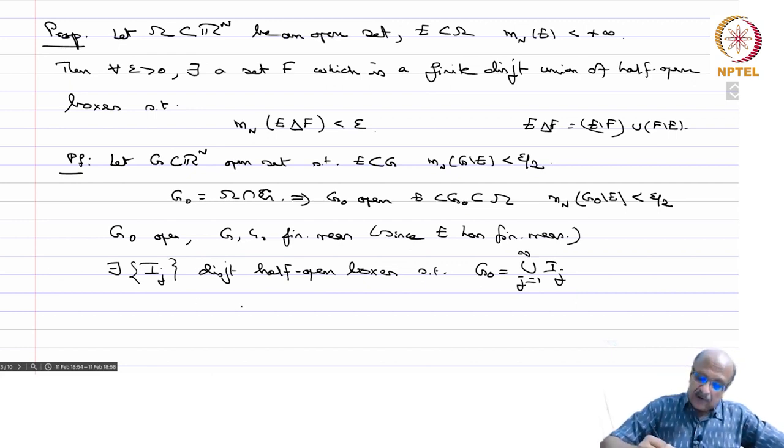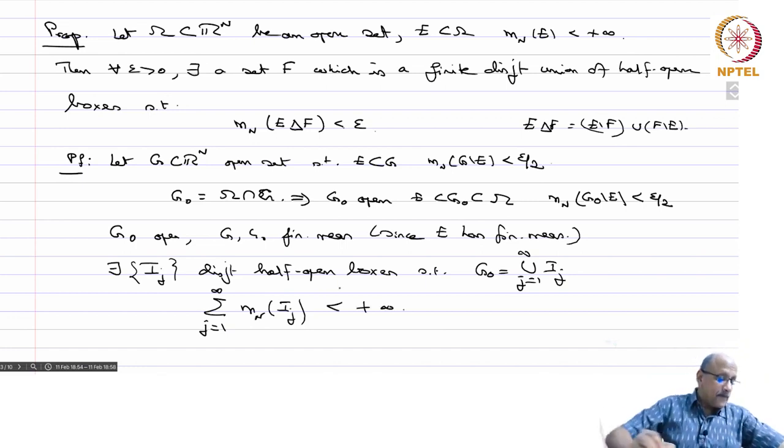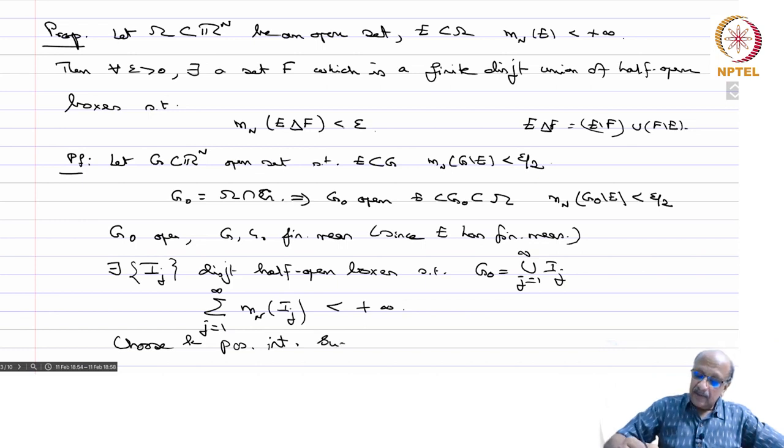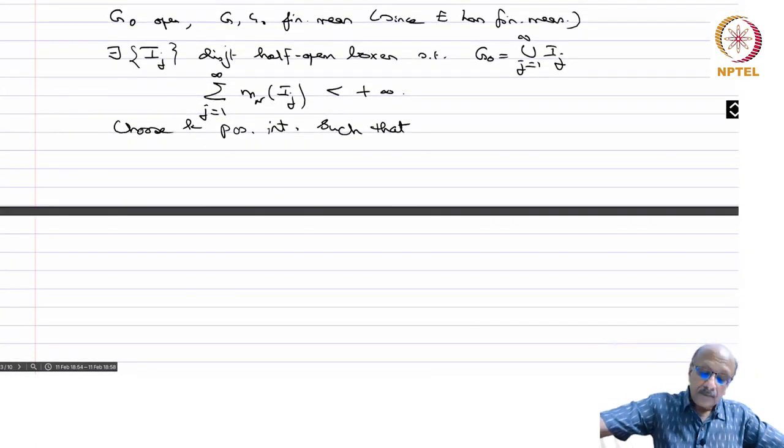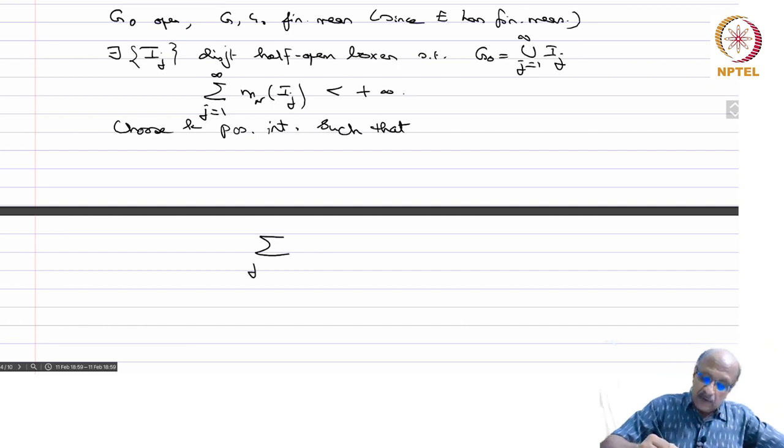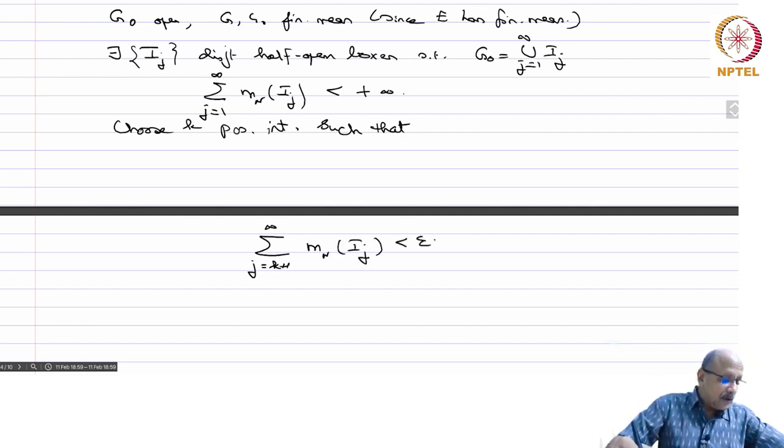And since the measures are all finite, Sigma j equals 1 to infinity Mn of Ij is finite. So choose K positive integer such that, since you have a convergent series, the tail can be made as small as you like: sigma j equal to K plus 1 to infinity Mn of Ij is less than epsilon by 2.